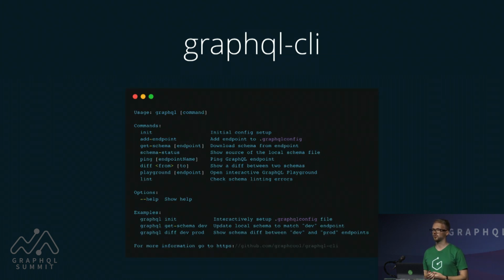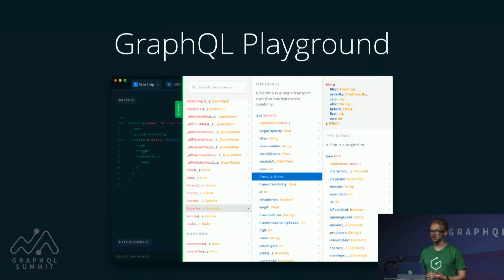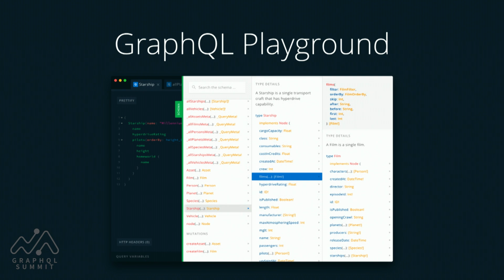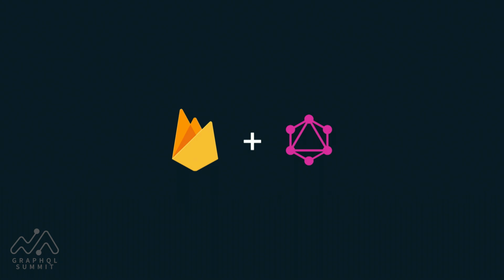One of which is the GraphQL CLI, which helps you with common workflows like fetching your GraphQL schema for front-end tools. And just a couple of weeks ago, we've released the GraphQL Playground, which is a more feature-complete GraphQL IDE that's standalone as an Electron app and supports features like subscriptions and a more powerful history and so on. So feel free to check that out.